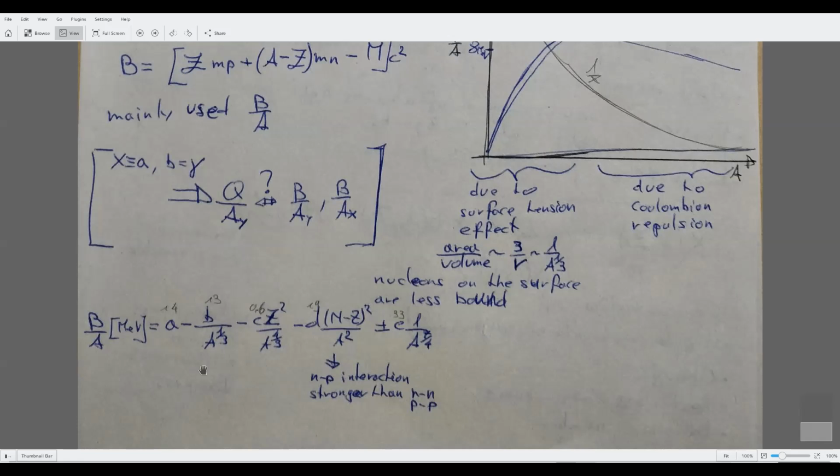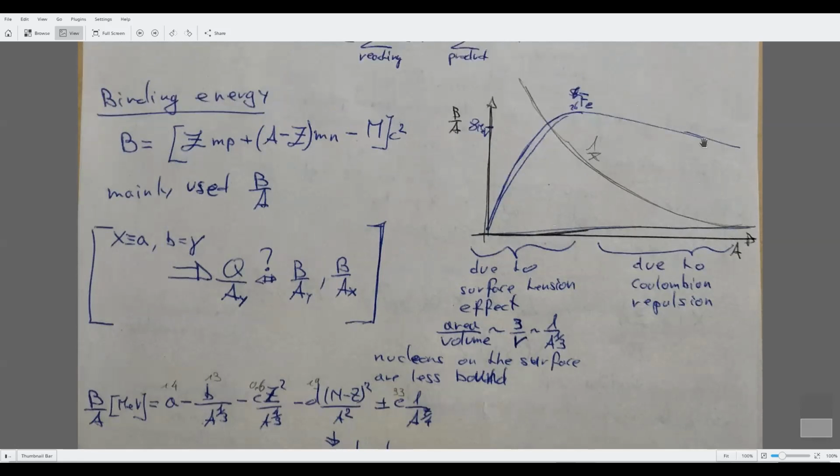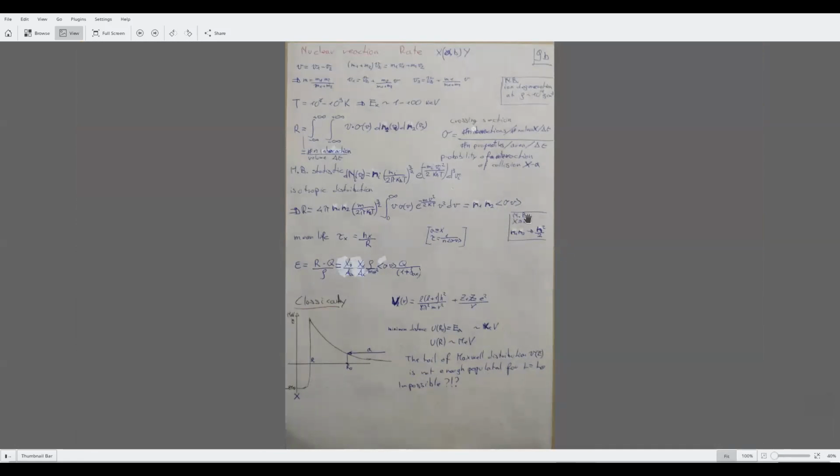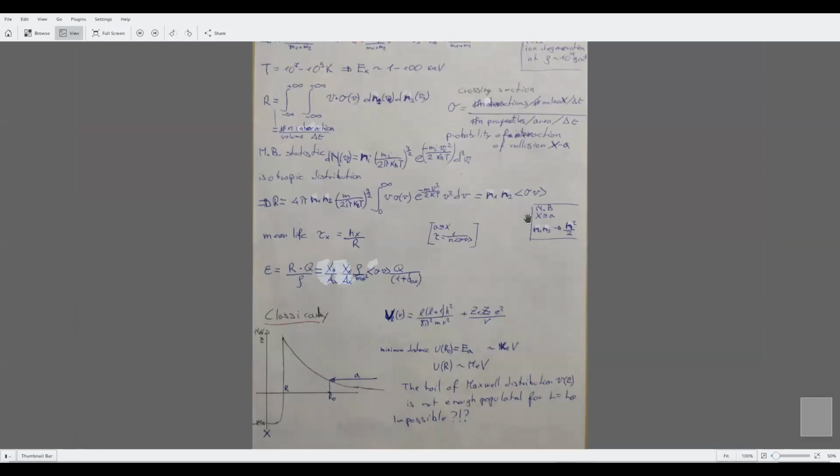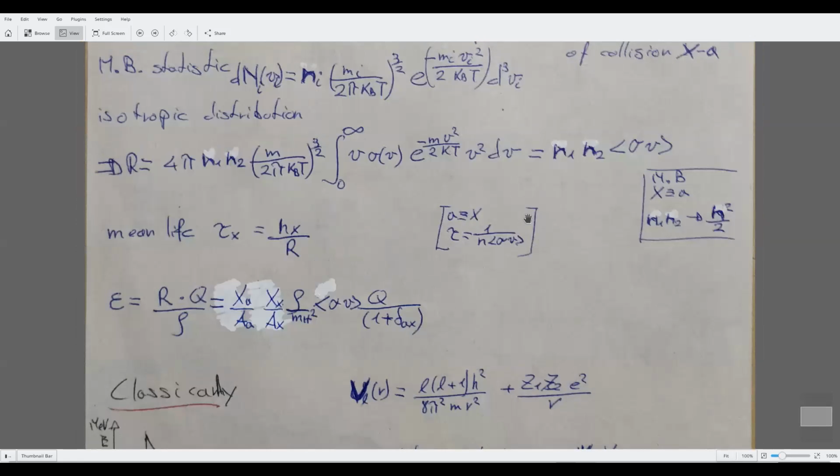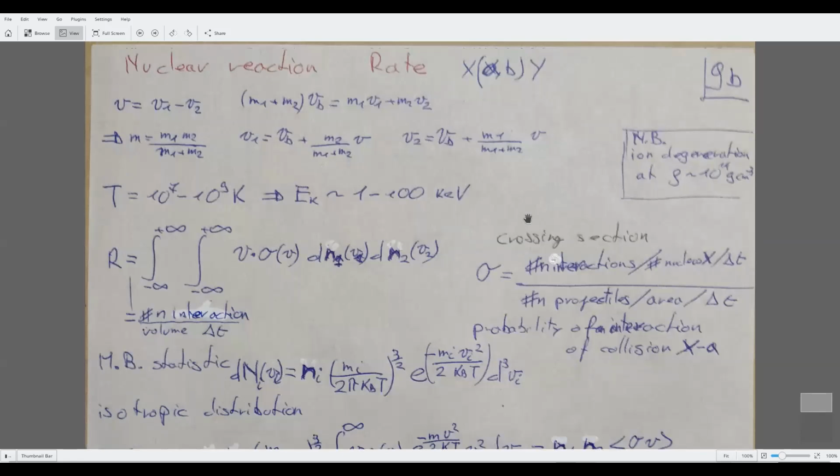Interesting are these two parts, the interaction given by the Coulombian repulsion and the surface tension, to explain these two parts. Okay, we'll see some better later.